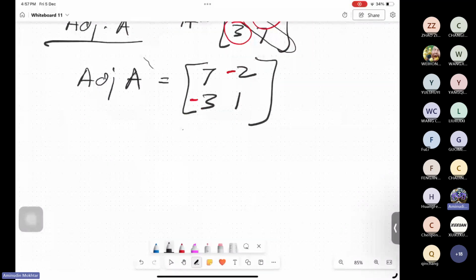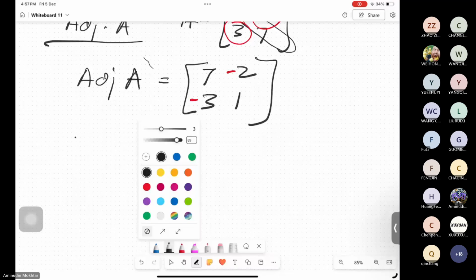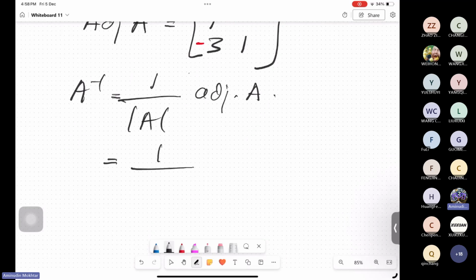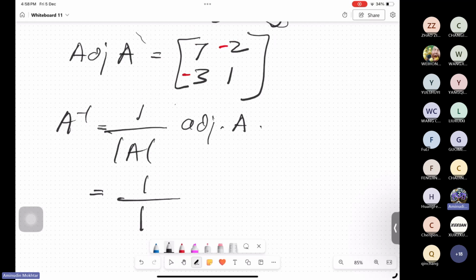And then what is the inverse of A? The inverse of A equals 1 divided by the determinant times the adjoint of A. The determinant is 1. Adjoint A is 7, -2, -3, 1.